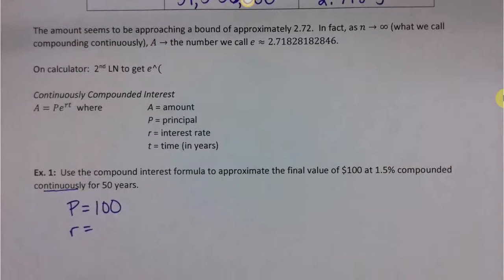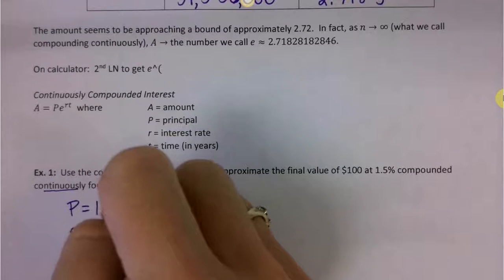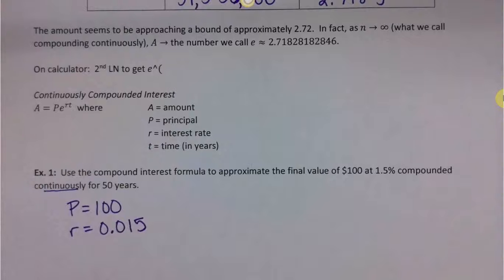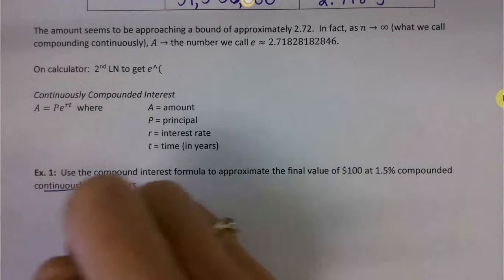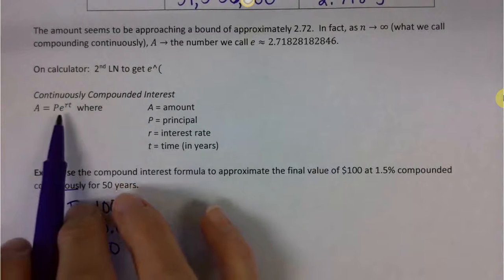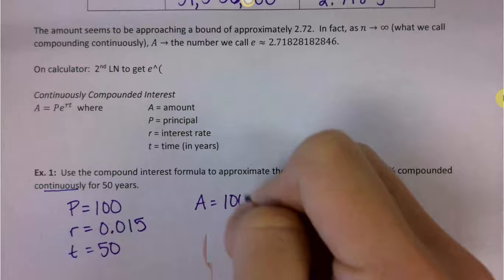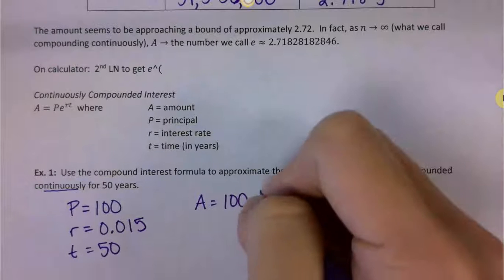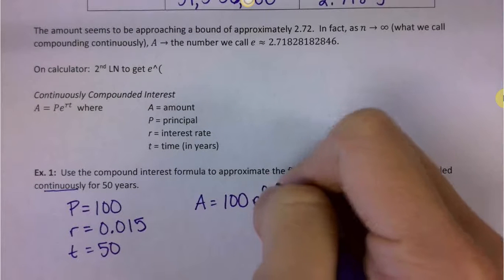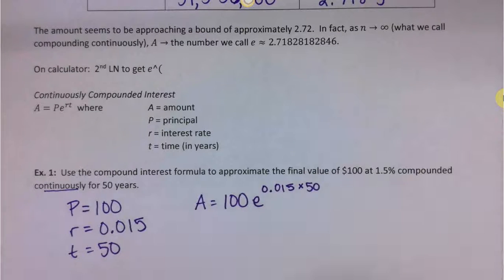R is the 1.5% converted to a decimal, which would be 0.015. And then T, the time in years, is 50. And I'm just going to take those values and plug them into this formula. So A equals P, which is 100, times e to the R, which is 0.015, times T, which is 50.